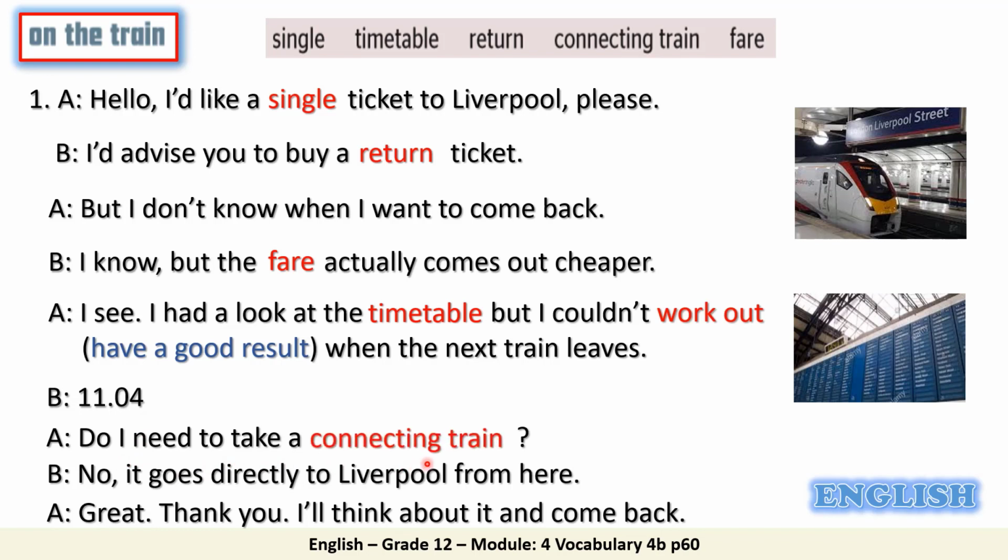Connecting train, another train to take you to your destination. He says, no, it goes directly to Liverpool from here. You say, great, thank you. I'll think about it and come back. Again, you can repeat this conversation either with a friend, your brother, or with yourself, just as I told you before, to improve your speaking skill, okay?